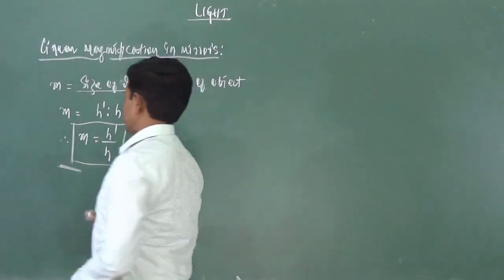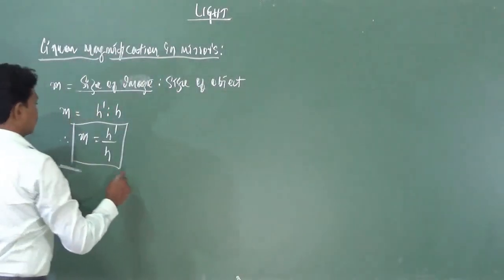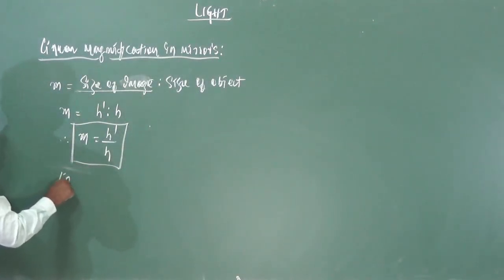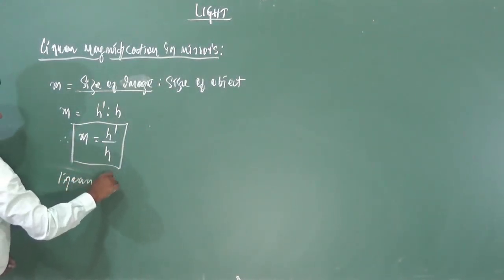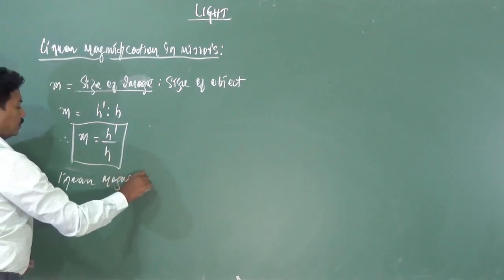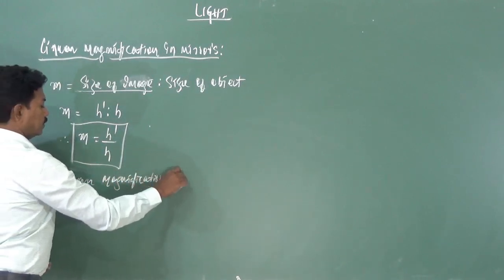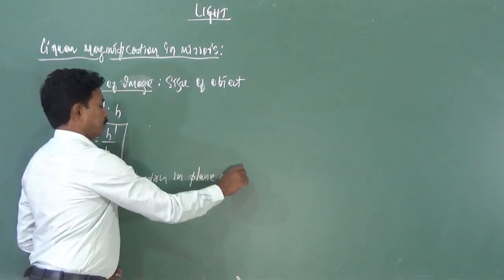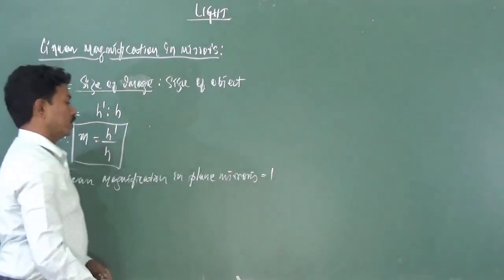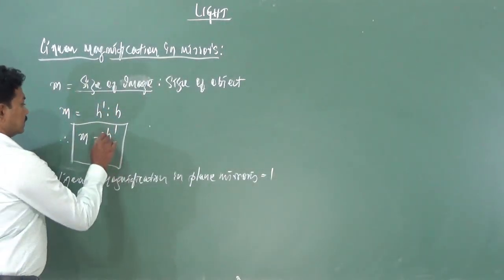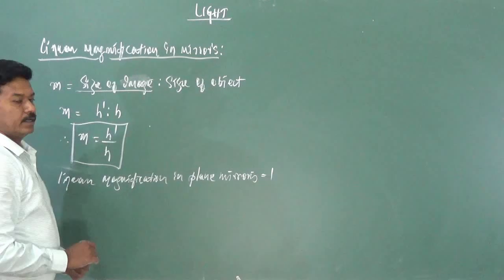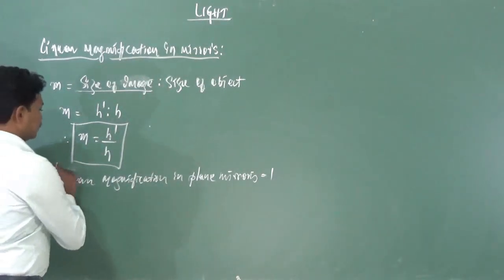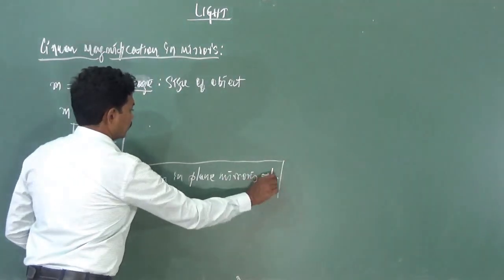The linear magnification for plane mirrors will be equal to 1. We have to remember this. Linear magnification in plane mirrors will be equal to exactly 1, because the size of the image will be equal to the size of the object in case of plane mirrors. So it is always plus 1.